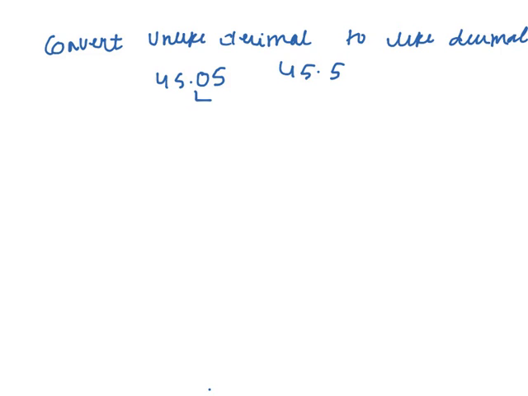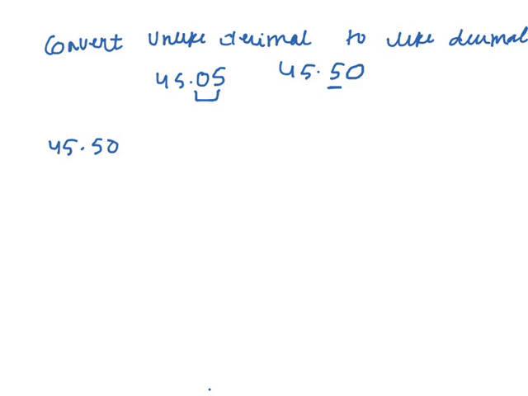In this we have 2 digits and here we have 1 digit. So we should have 2 digits after the decimal point in this. What we will do is put a 0 after the decimal digit to make it like the other number. Because if we write 45.50, how can we write it?